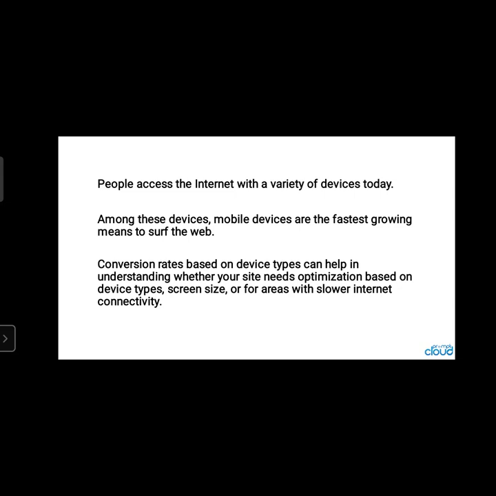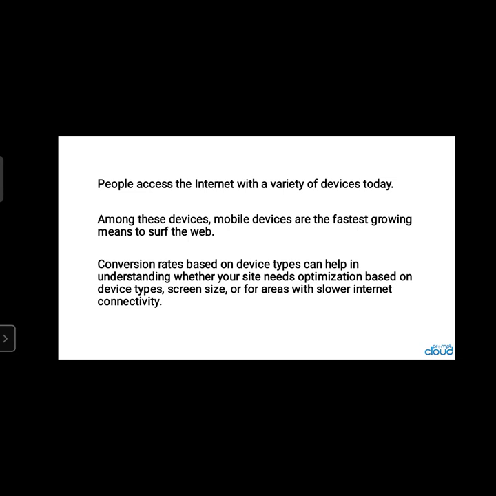Now, one by one, I will explain stepwise. People access the internet with a variety of devices today. Those devices we have just seen in symbolic manner as picture symbols: mobile, tablet, laptop, personal computer. Now, among these devices, mobile devices are the fastest growing means to surf the web.